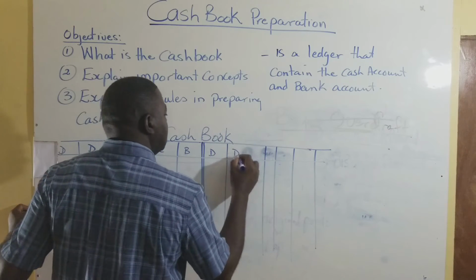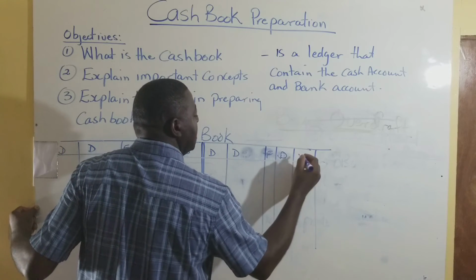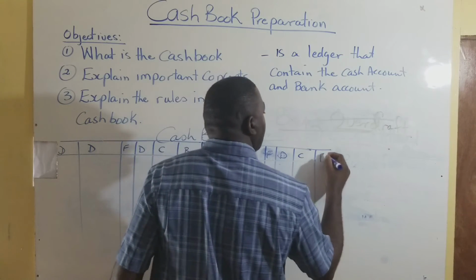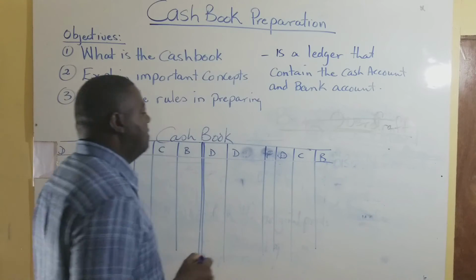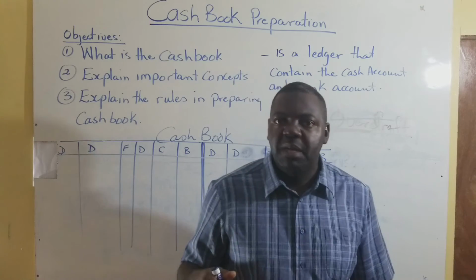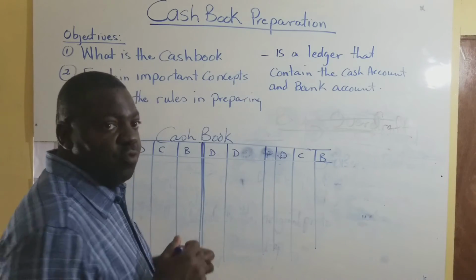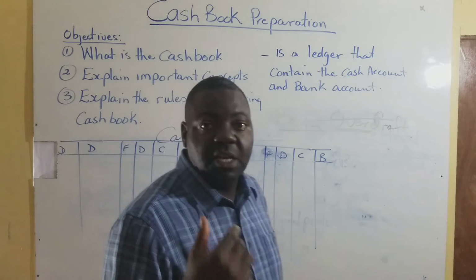Date, details, folio, discount, cash, and bank. When we get to the other side of this lesson, we will be doing the practical, but for now, just the explanation of the rules in terms of the cash book.